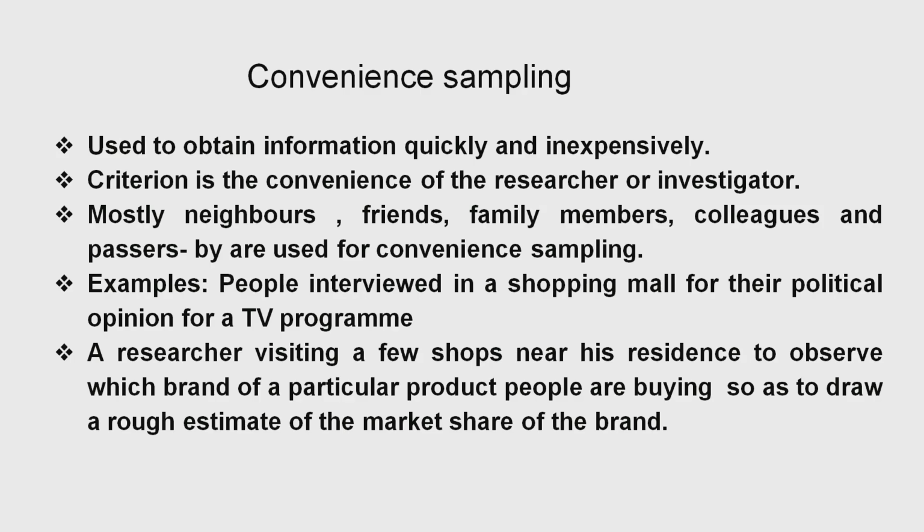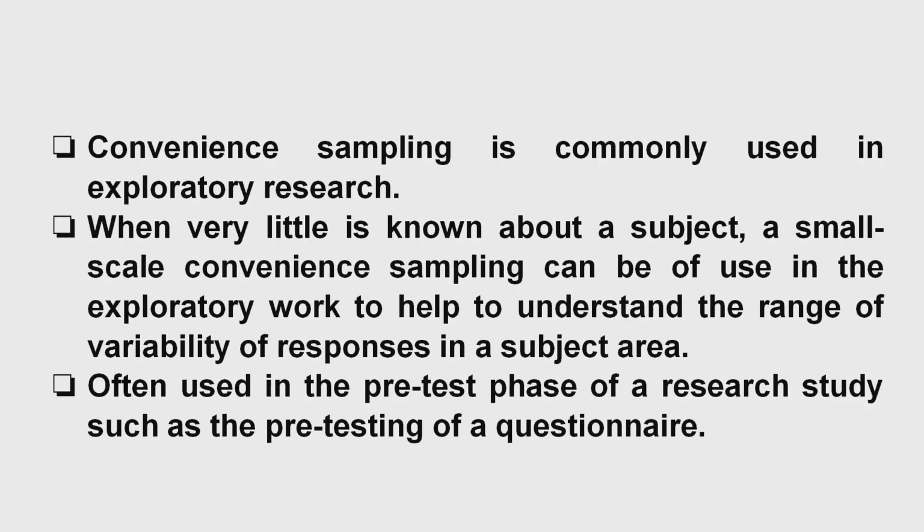So, in that way we can say that he is using the convenience sampling technique. It is commonly used in exploratory research, when you know only a little about the subject, and convenience sampling will help you understand the wide range of the subject area.